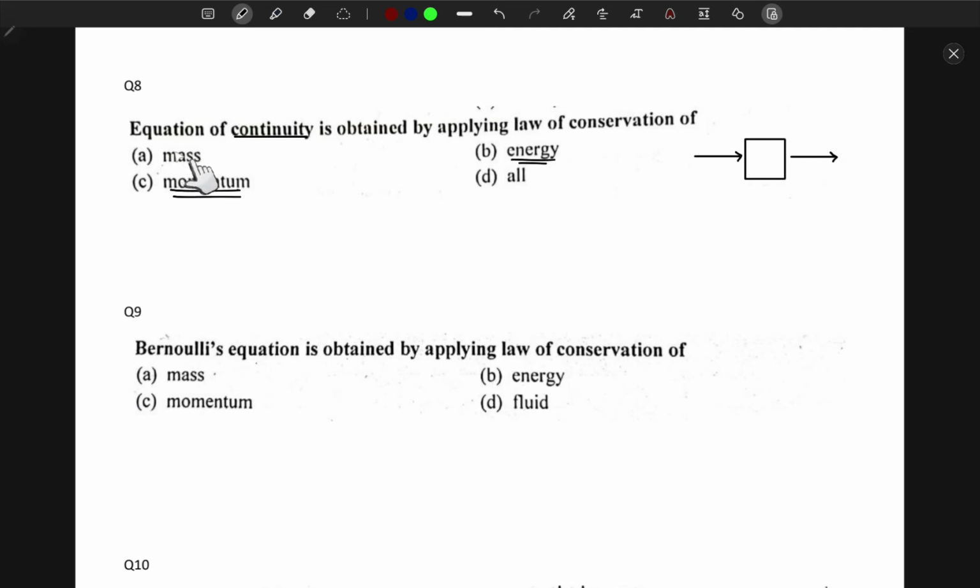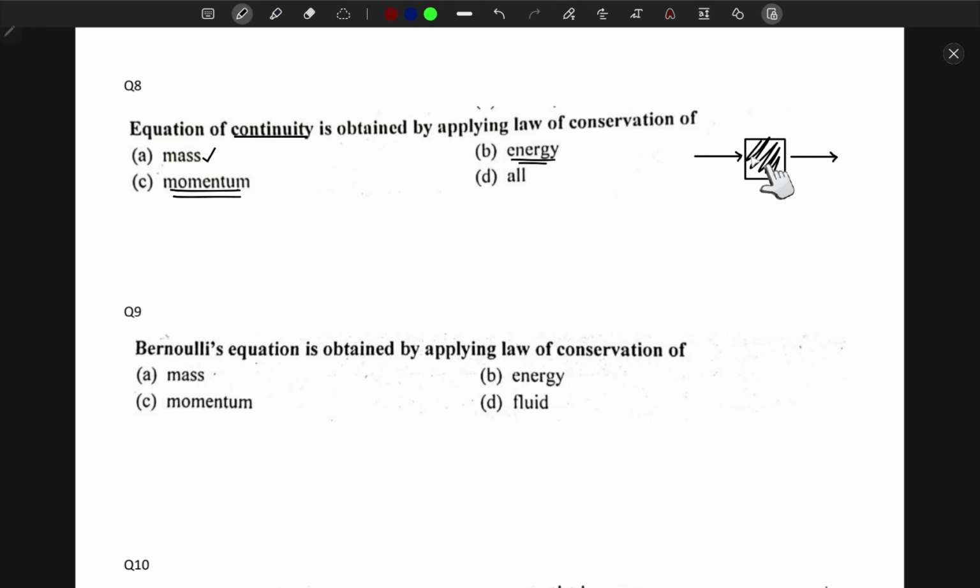Now remember that the equation of continuity, even in our notes or theory section, we derived it using the conservation of mass. Now, conservation of mass of what? The conservation of mass of any fluid that flows inside this area, or you can say control volume, and it flows outwards from this.